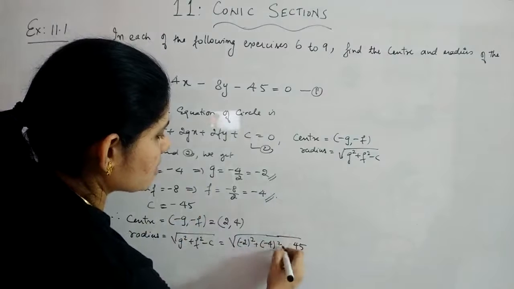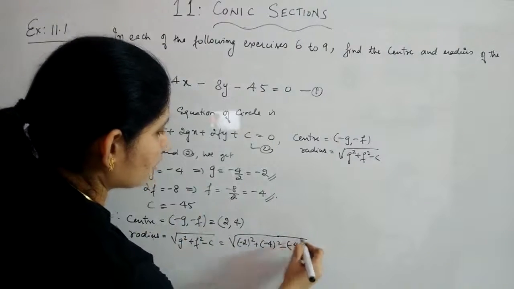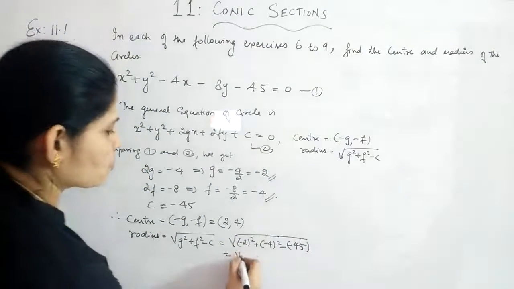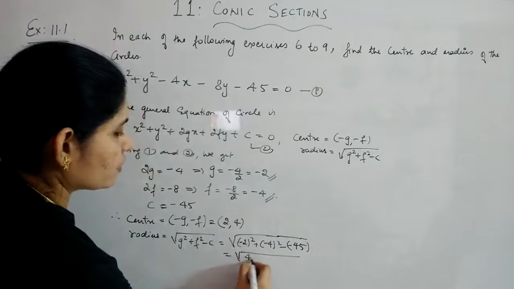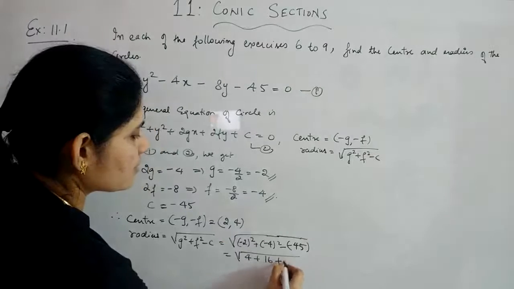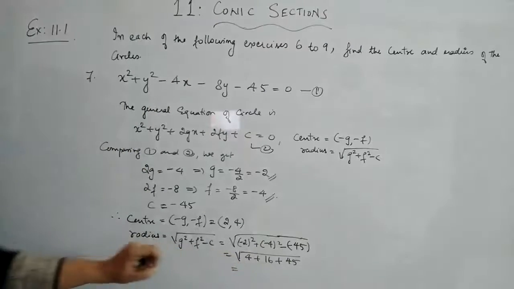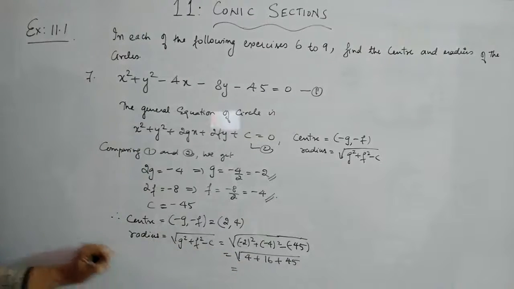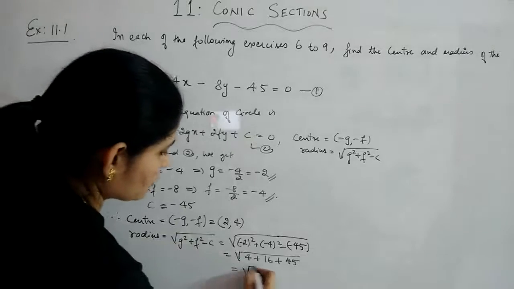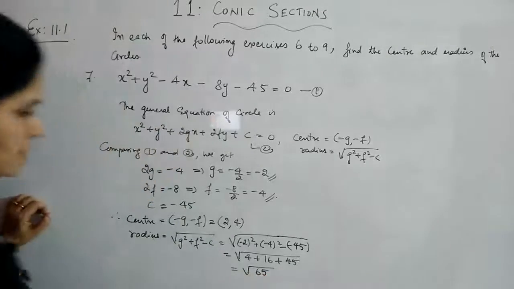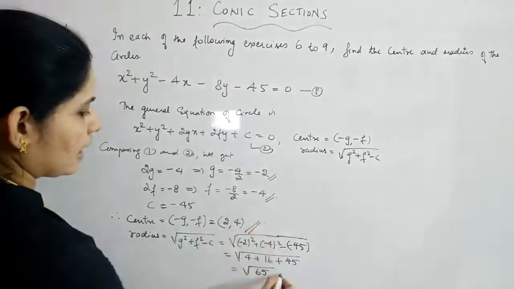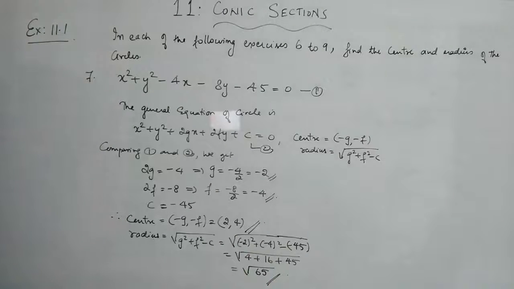Or you can just replace like this, minus of minus 45, which is equal to root of, this will give you 4 plus 16. This will become again plus. So how much you are getting? In total, you are getting it to be 65. That is root of 65 is the radius. So you got the center and the radius r. Okay.